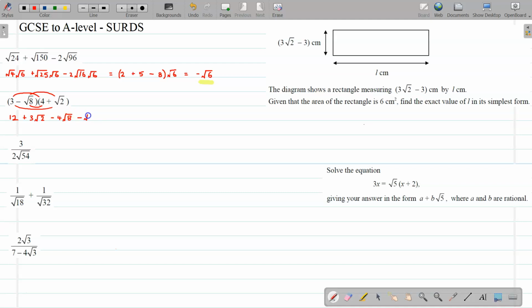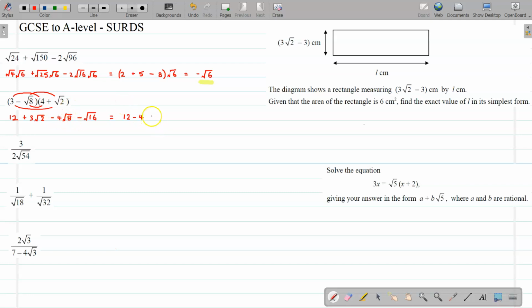I'm just going to write that down in full. Well, of course, root 16 is 4. So that last term is minus 4. If I change this order around a bit, I've got 12 minus 4, which are what we call rational numbers, because they don't contain a square root. And then I've got 3 root 2 minus 4 root 8.